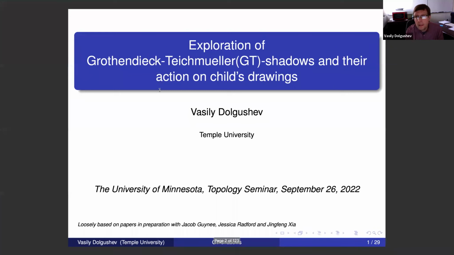And yeah, this is really new in a sense that some of it is not written. It's kind of in preparation. As I wrote here, this is loosely based on papers in preparation with students.